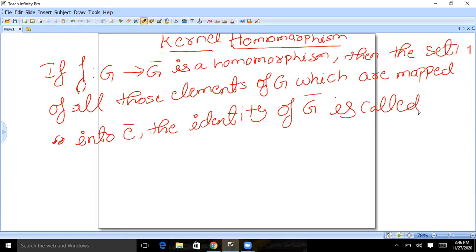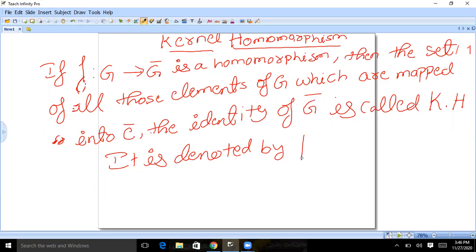I will be writing in short form KH, meaning kernel of homomorphism. It is denoted by capital K or Ker f.